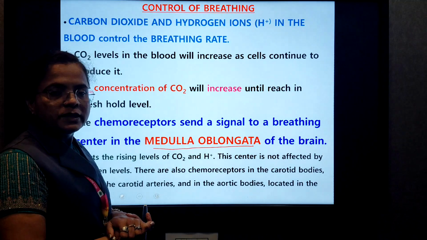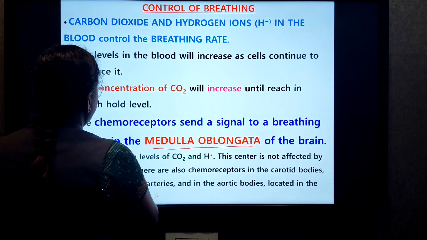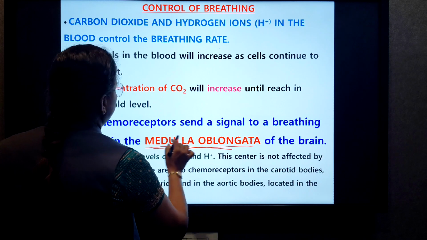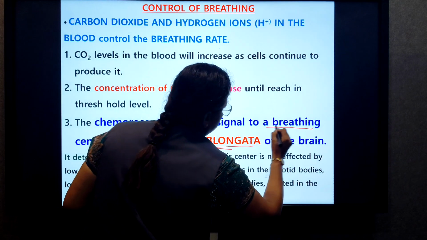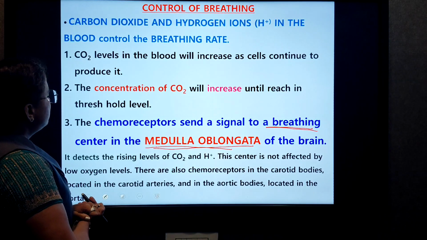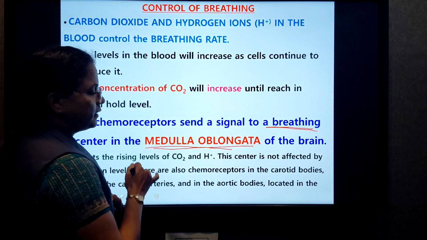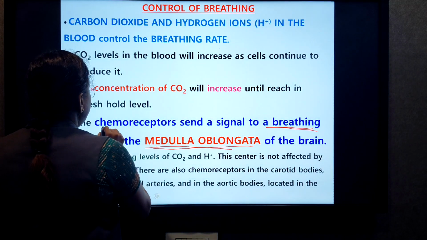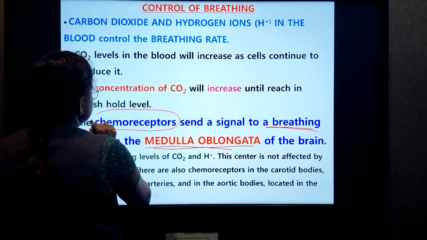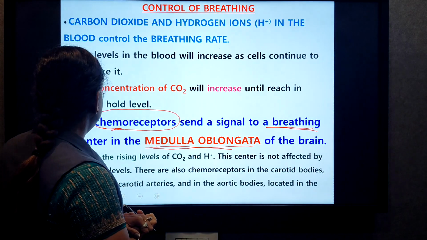The breathing center is in the medulla oblongata of the brain, that is, the CNS. The chemoreceptors send a signal to the medulla oblongata.